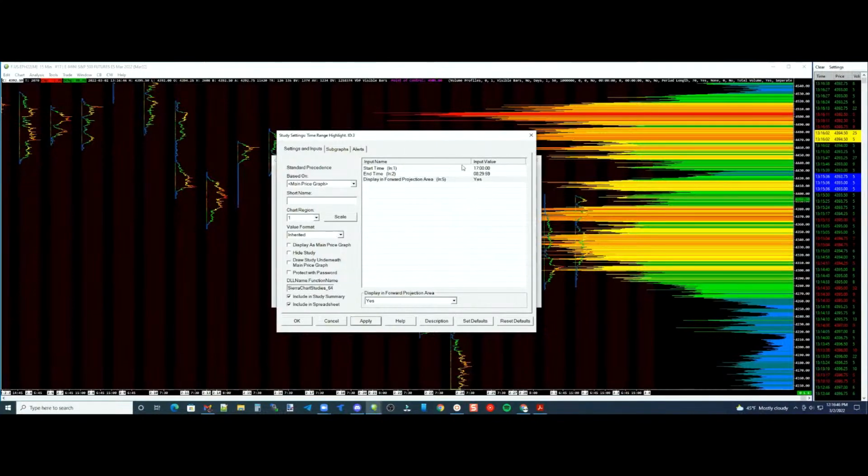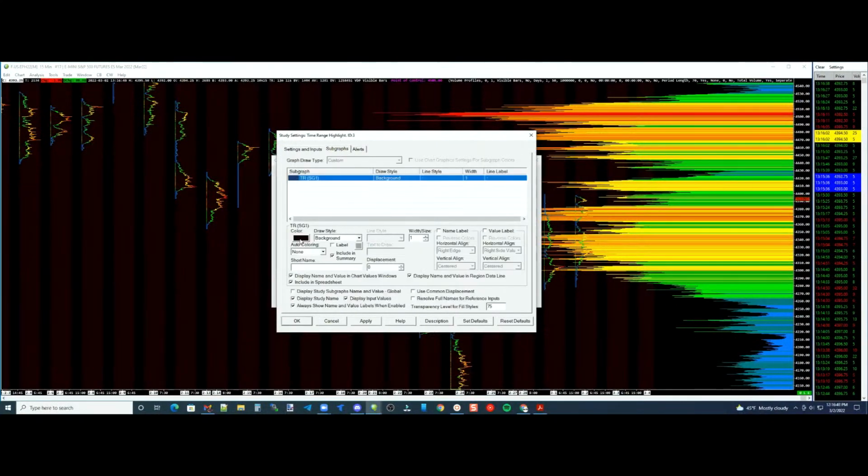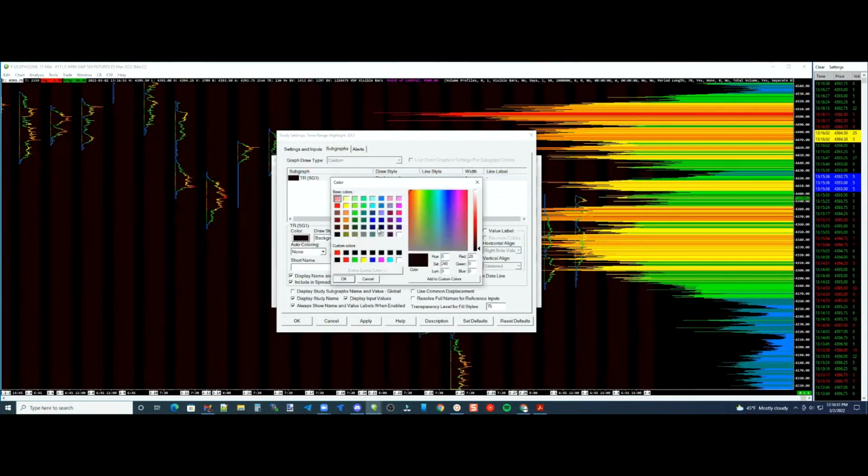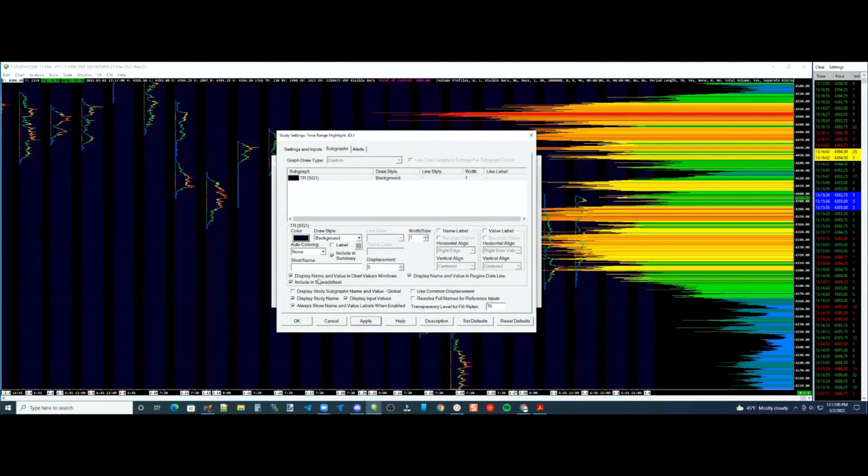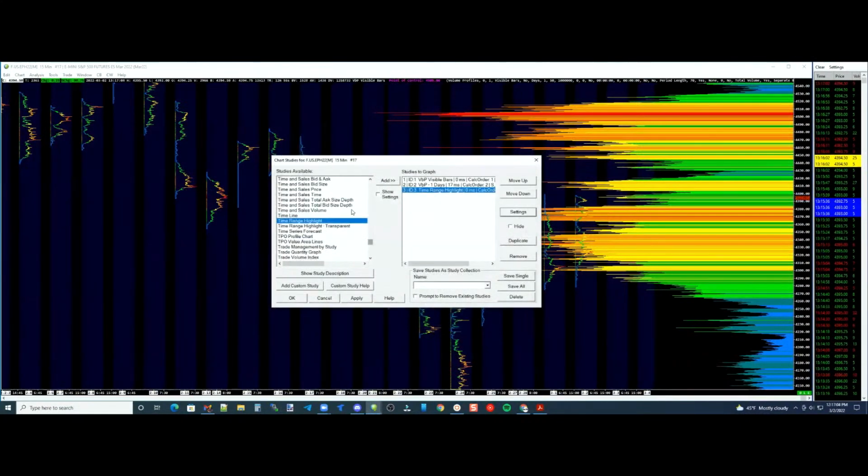So what this is doing is highlighting the background for my overnight sessions, and I like this to be set to, I think I normally have it set to like 40. It's a little nighttime shade of blue. Now, what you're going to see is everything is in the same profile.